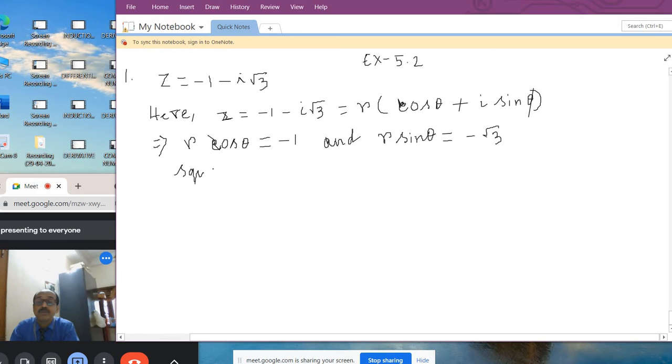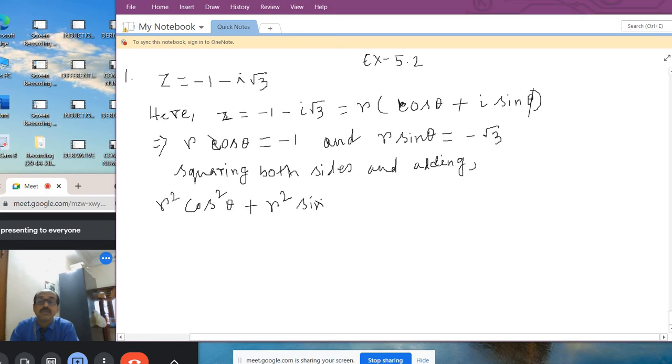Squaring both sides and adding, we get r square cos square theta plus r square sin square theta equal to -1 square, that is 1, plus root 3 square, which is 3.